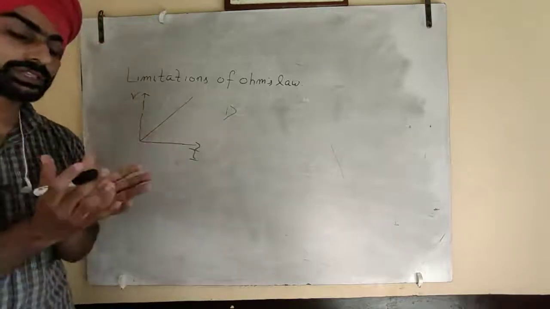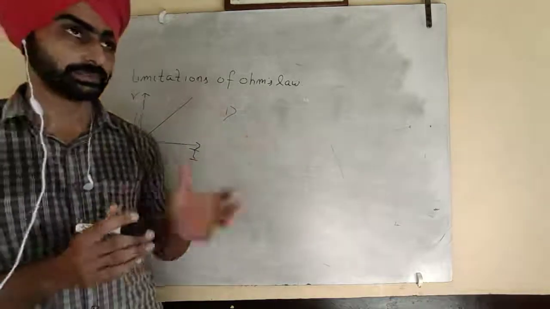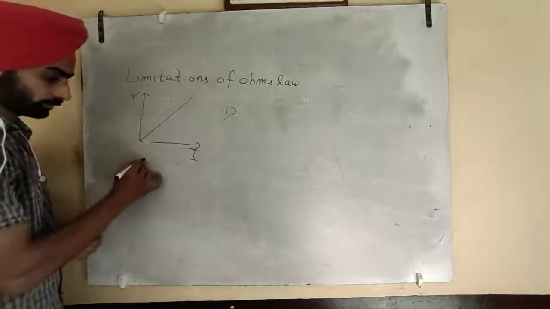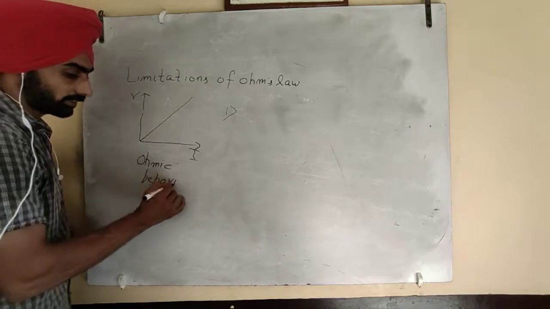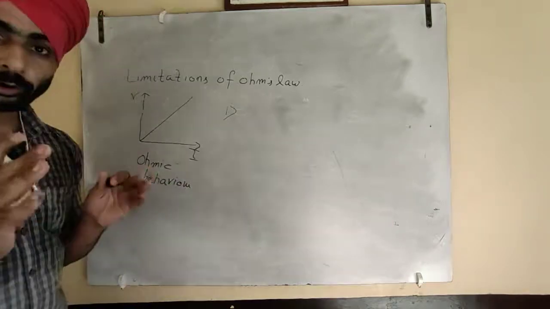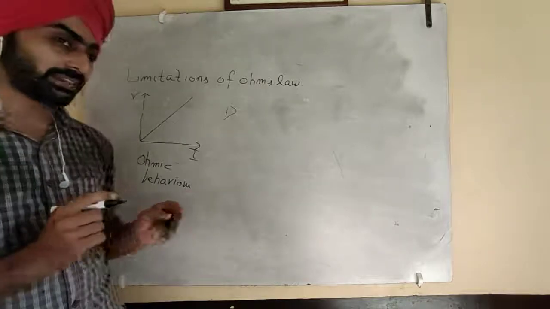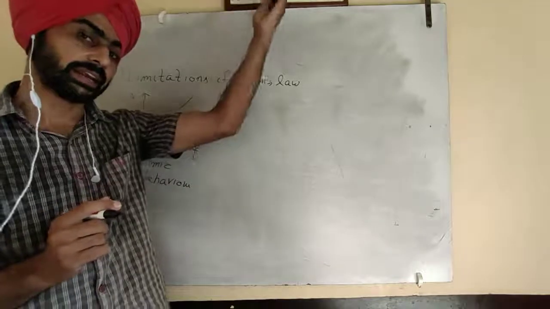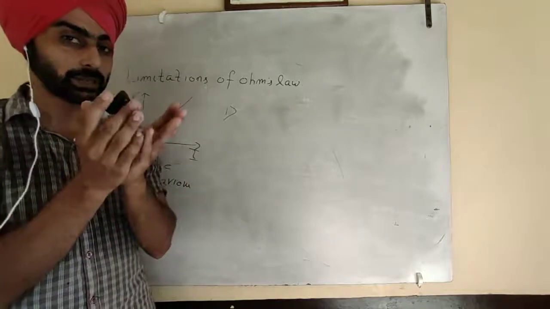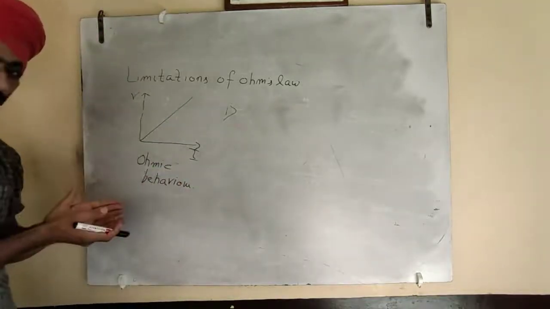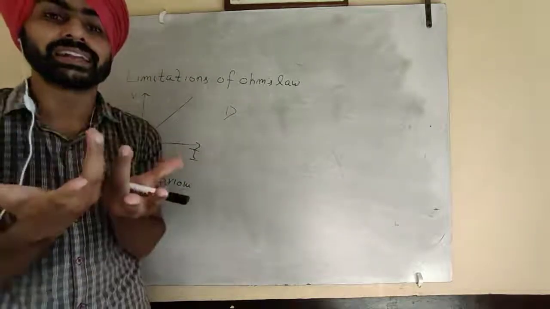The condition is that temperature and pressure should be constant, but the fact is that every conductor shows a non-ohmic behavior at a very low temperature and at a very high temperature. So both at a low temperature and at a high temperature, every conductor will show the non-ohmic behavior. So this is the first limitation of Ohm's law. It does not apply to every conductor at each temperature.